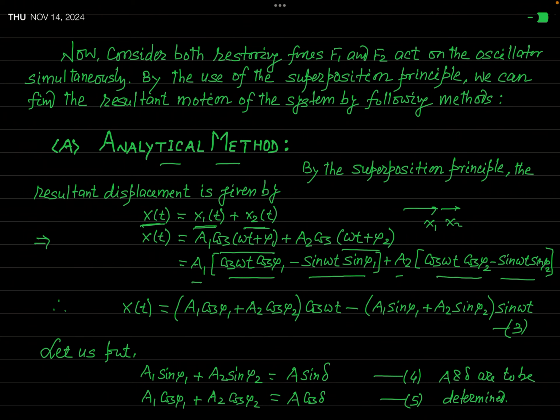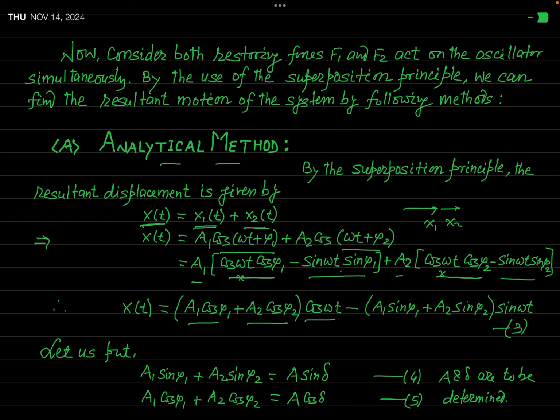Okay. Now let us arrange the terms. You can see inside the first square bracket and inside the second square bracket, this cos omega t term is common. So you can take cos omega t as a common factor, and the remaining terms will be A1 times cos phi 1 plus A2 times cos phi 2.